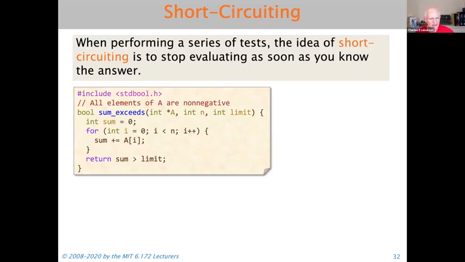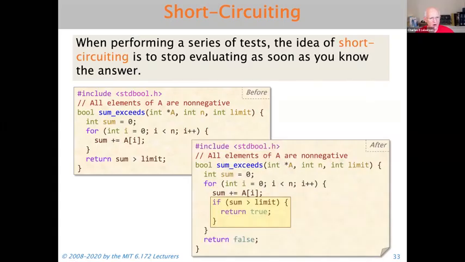We can potentially optimize this code, since all elements are non-negative, by testing along the way whether you've exceeded the limit. And if we expect that most of the time we're going to exceed the limit, we can short-circuit the full loop and return without completing all the iterations, saving a lot of work.